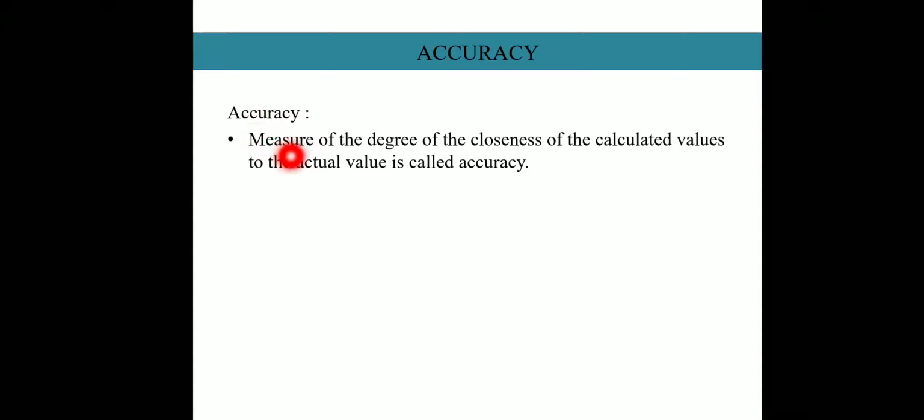Accuracy is the measure of the degree of closeness of the calculated values to the actual value. Accuracy means how close the values that we have calculated are to the actual value. Now, what is an actual value?